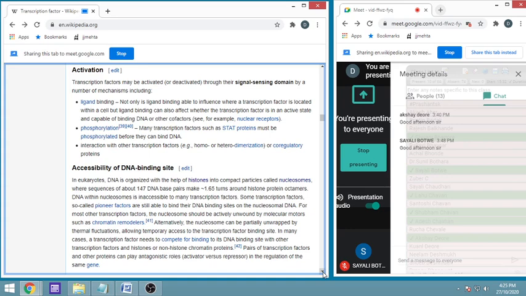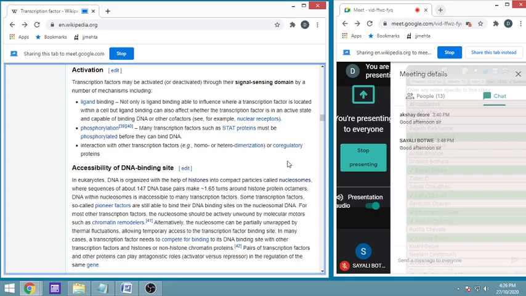Phosphorylation is one of the very important steps in most activations at many places. Then interaction with other transcription factors, like homo or heterodimerization, or co-regulatory proteins, and then this will be activated.